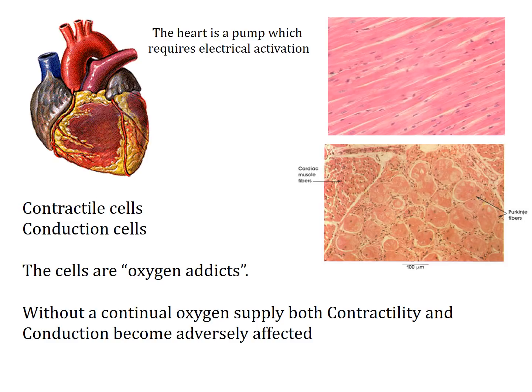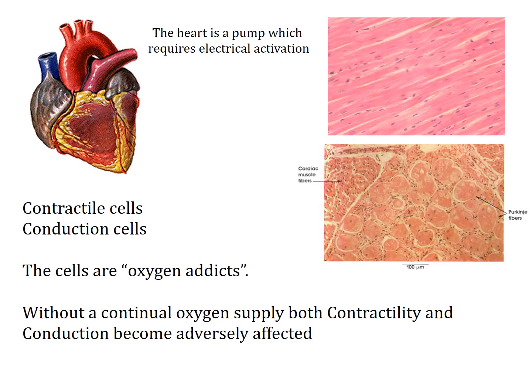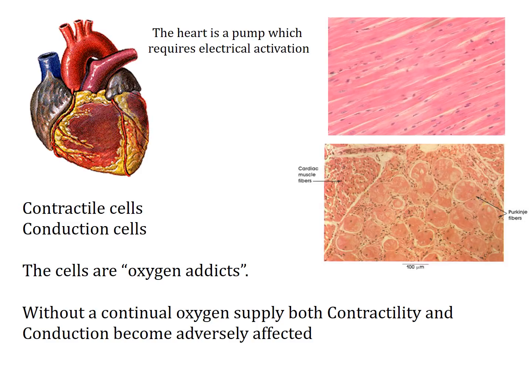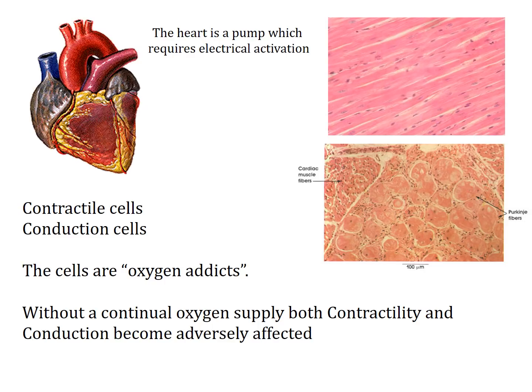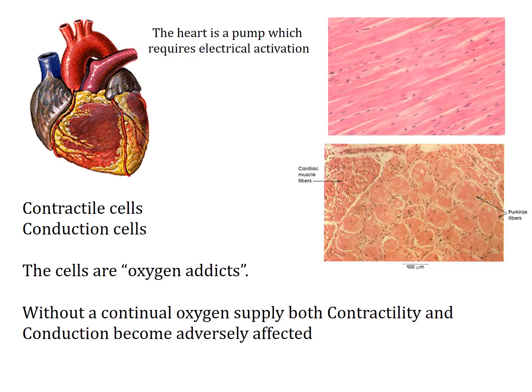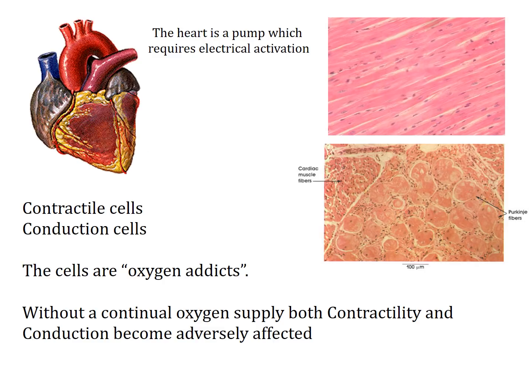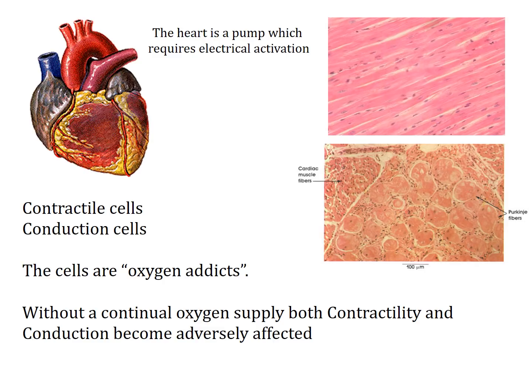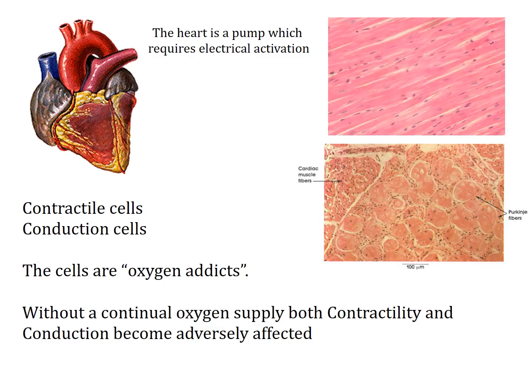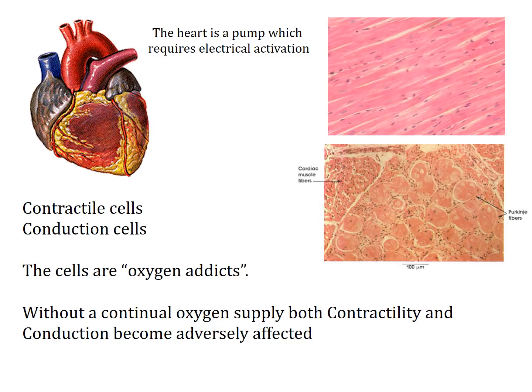Both types of cells are highly dependent on oxygen, and without a continual supply of oxygen, both contractility and conduction become adversely affected. And we'll talk about the effect of coronary atherosclerosis in reducing O2 delivery to these types of cells.